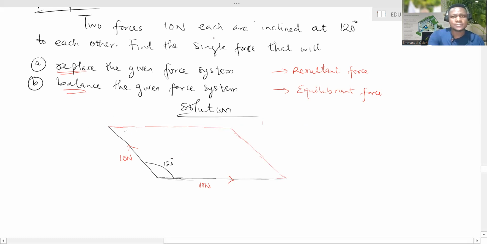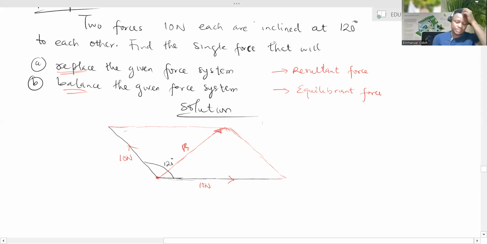The resultant is, this is the meeting point. These are concurrent forces. This is the meeting point. The resultant is the diagonal of that parallelogram. So this is the resultant force.